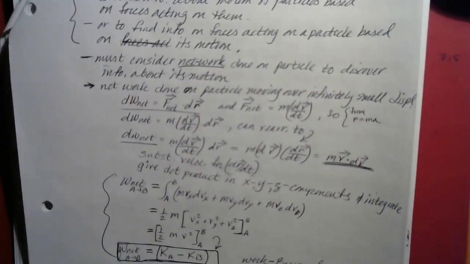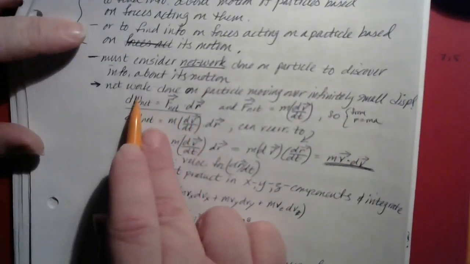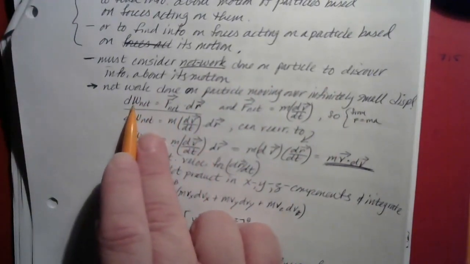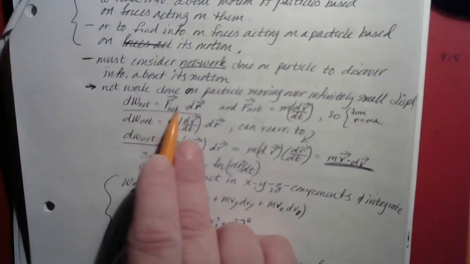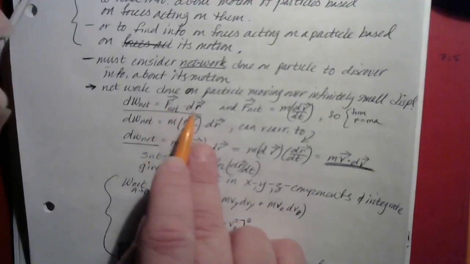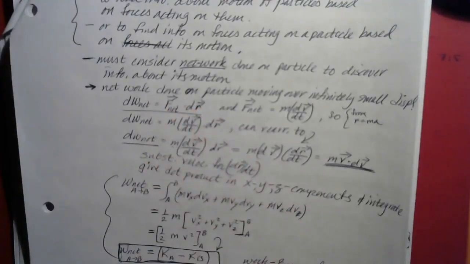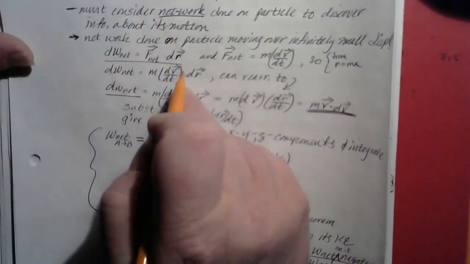The net work done on a particle moving over an infinitely small displacement is given by this equation here: dW net, that is the incremental small change in the net work, is equal to the net force times dr, dr being the infinitesimally small change in displacement.